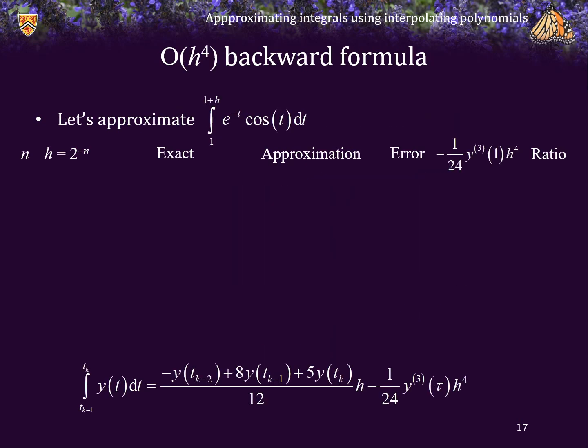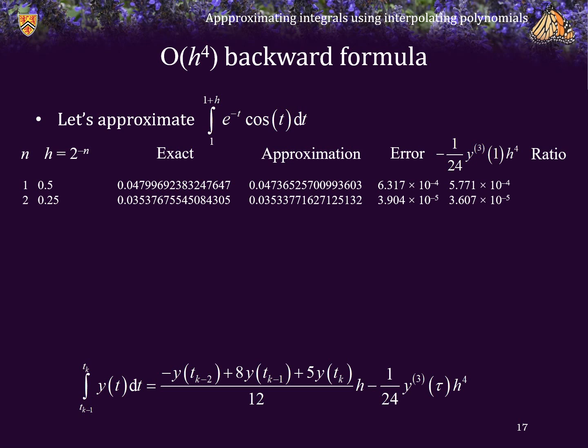Once again, let's approximate this integral from 1 to 1 plus h for successively smaller values of h. And once again, we have the exact value of the integral, the approximation using this formula, the error, our estimation of the error to give us confidence that the estimation of the error is correct, and the ratio of the current error over the previous error. So to start with, we have an okay approximation, as one may expect.